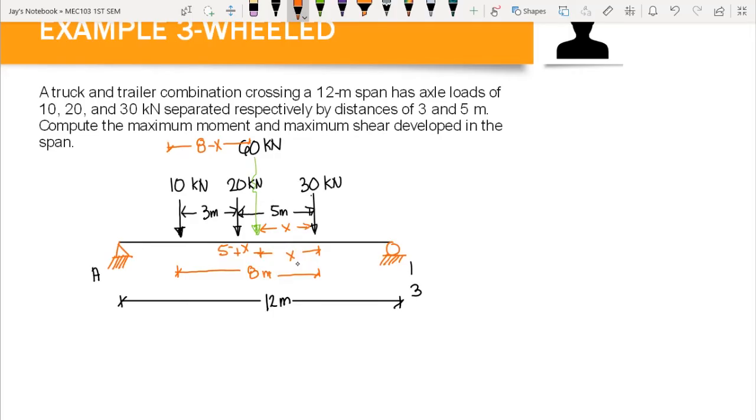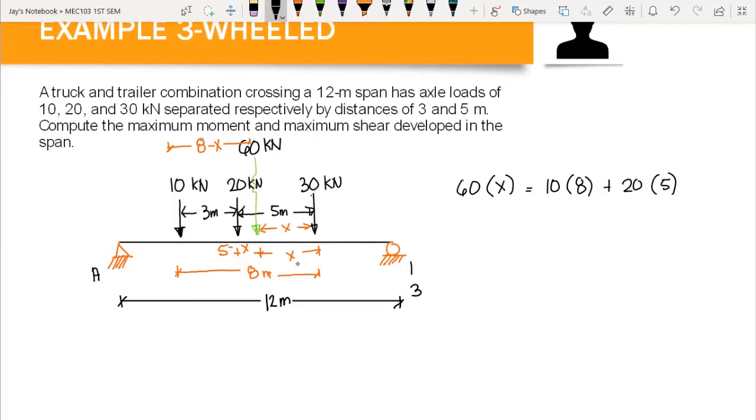Okay, so we locate the resultant of 60 from 30, then we have 60 times x equals, basically this is just Varignon's theorem, 10 times 8, correct, plus 20 times 5.